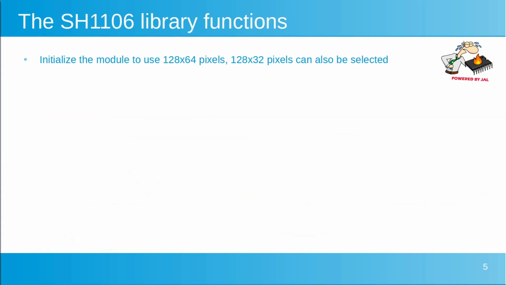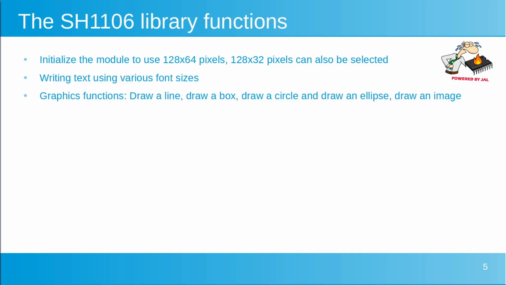So what are the library functions? You can of course initialize the module using the 128 by 64 pixels, the default, but you can also select 128 by 32 pixels. You can write text using various font sizes. There are some graphics functions. You can draw a line, a box, a circle, an ellipse, and you can draw images.